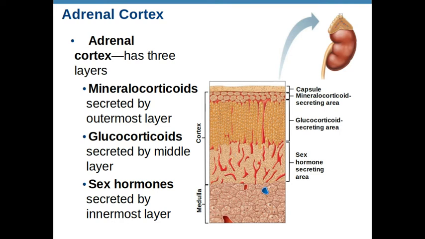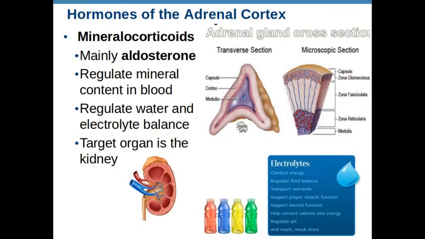Your question is, what do the mineralocorticoids do in the body, and what is their target organ in accomplishing this? Basically what they do is they regulate mineral content in the blood. I hope you can see that right here in its name, and that becomes kind of a help to you to see what they do.